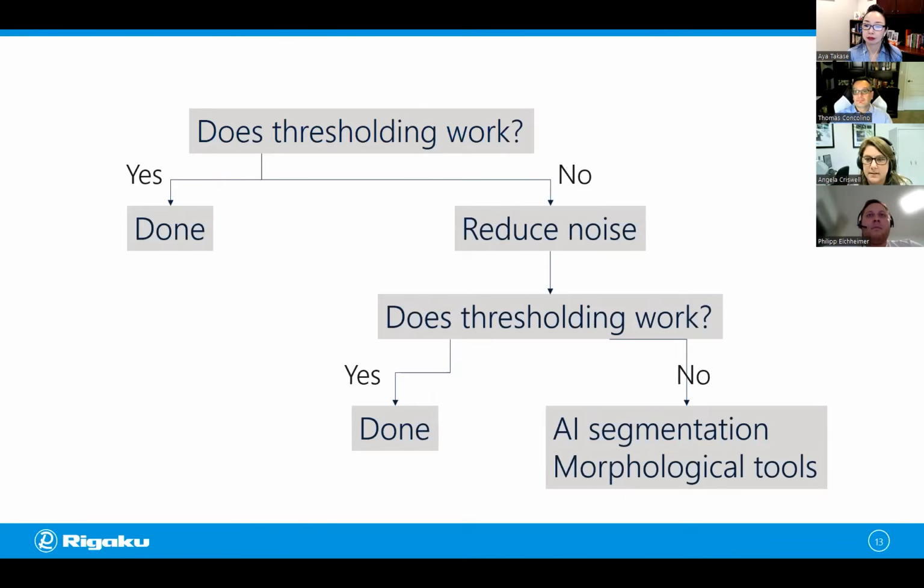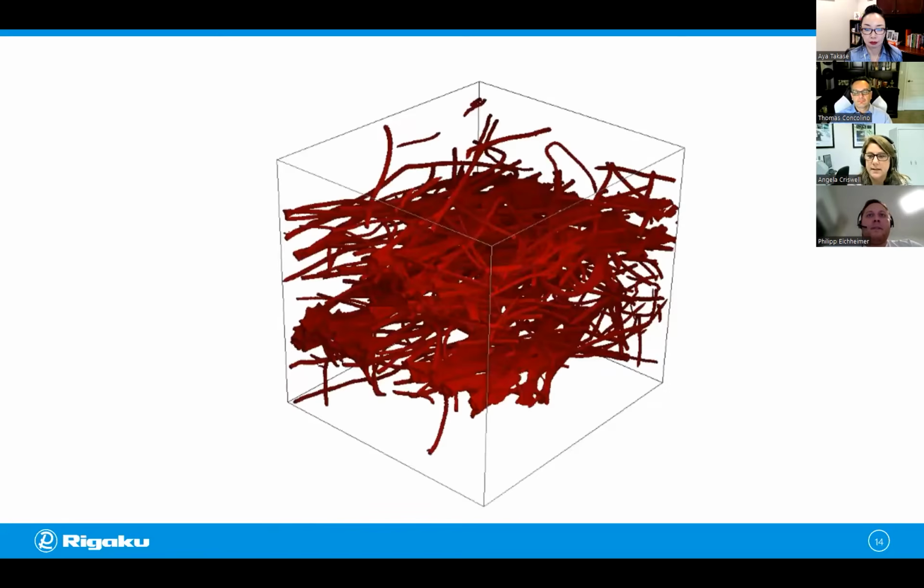All right. So then let's just keep moving on. And here we have a perfectly segmented scan of our fiber media. So this is what we want to end up with once we're complete with that step. And when we take a closer look, what we can see here is that there are some thickened areas in this segmented data.